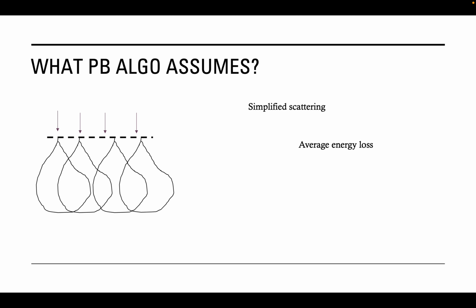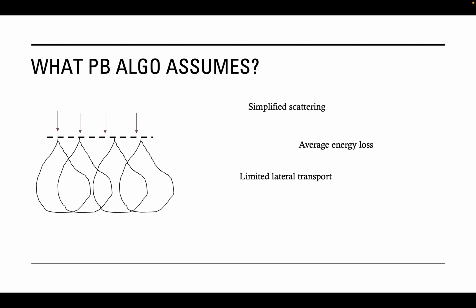The energy loss and scattering, it ignores the stochastic straggling. That means in reality the Bragg peak ends up somewhere else, but pencil beam says it will end up here. So that's one of the difficulties.